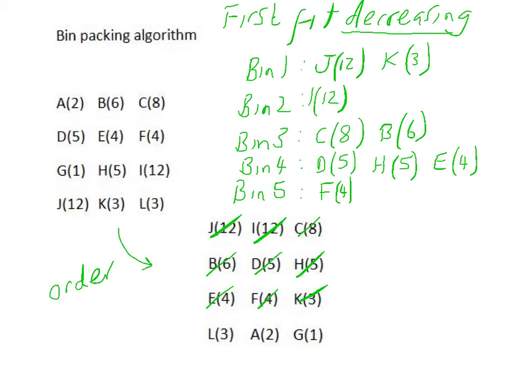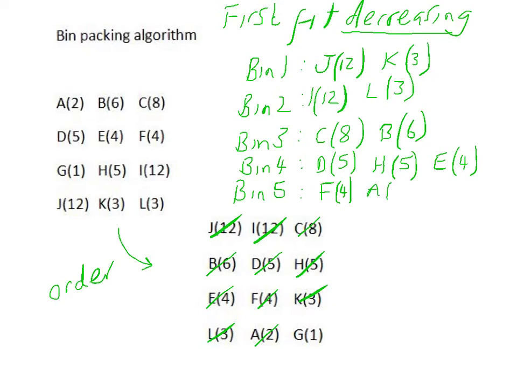In a similar way, L can now fit into bin 2 because it takes it up to 15. A is of size 2. Now bin 1 is full, bin 2 is full, bin 3 is up to 14 and so is bin 4, so we can't fit A into any of those bins.